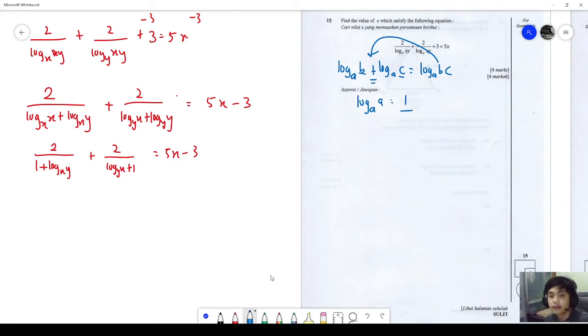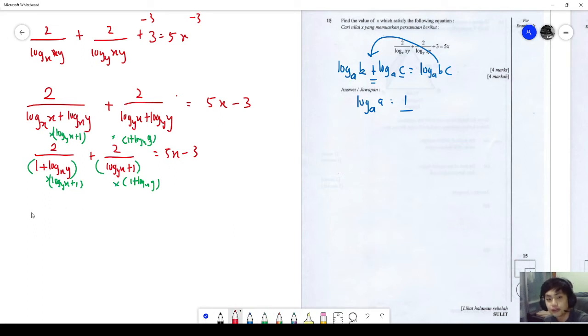Alright. So here, if you want to combine these two terms together, we need to make the denominator the same. So in this case, I'm just going to cross multiply. Here I'm going to multiply by log_y(x) plus 1, and here I'm going to multiply by log_y(x) plus 1, and on the other side I'm going to multiply with 1 plus log_x(y), and I'm going to do the same here as well. Apologies for the writing, it's a bit small.